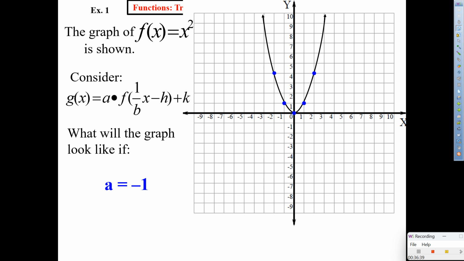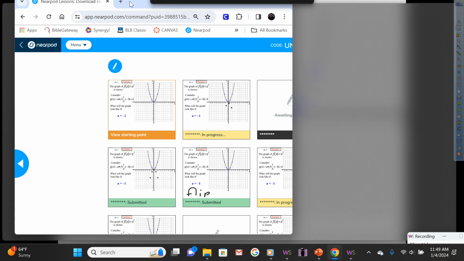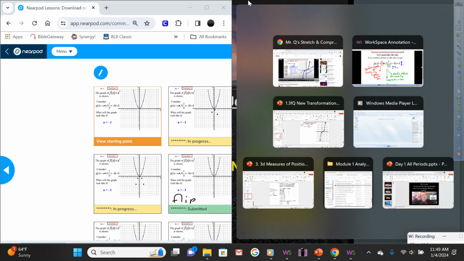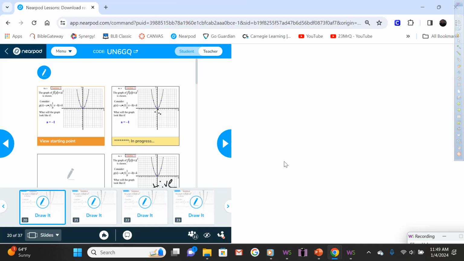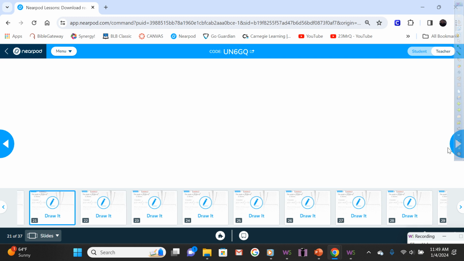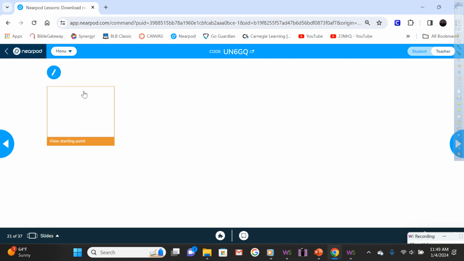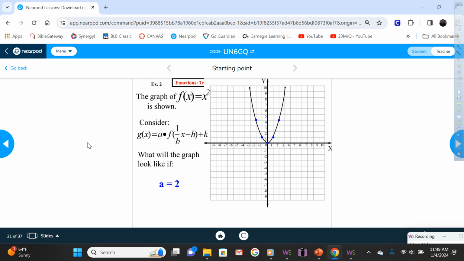So, set your notes aside here. It's going to go pretty fast. Ready? Here it goes. Next one. What does this one do? Write it on the screen. What does that do to the original if we substitute a 2 in for a?